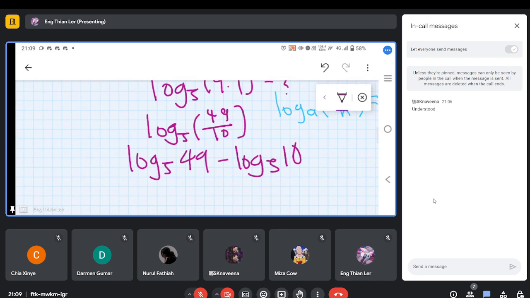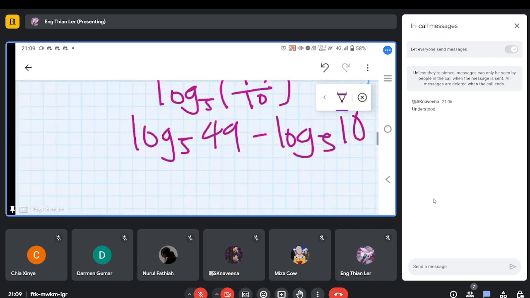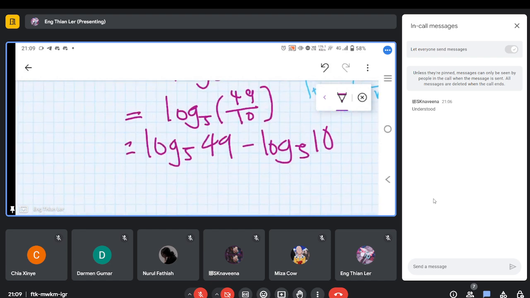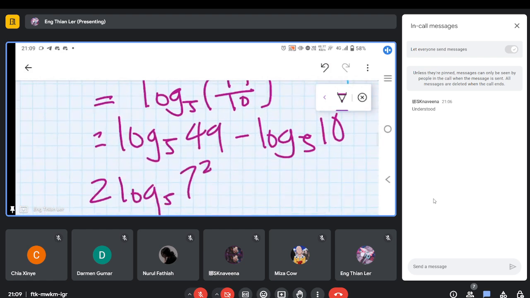So what is 49? 49 is 7 squared. So we can write this as 2 log 7 base 5, because it's 7 squared, but you move the 2 to the front, so it's the same thing.